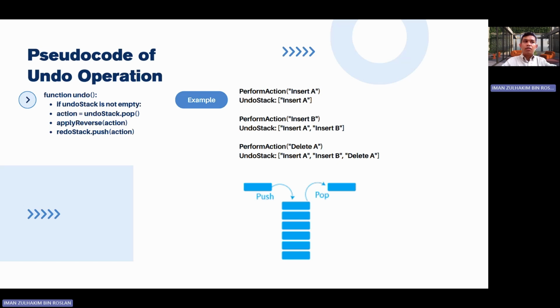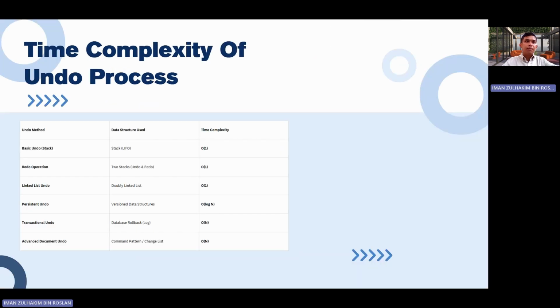Next I will continue with the time complexity of the undo process. These are the undo methods: basic undo stack and redo, linked list undo, persistent undo, transactional undo, and advanced document undo. Basic undo, which is stack level, has time complexity O(1), and redo stack also O(1).